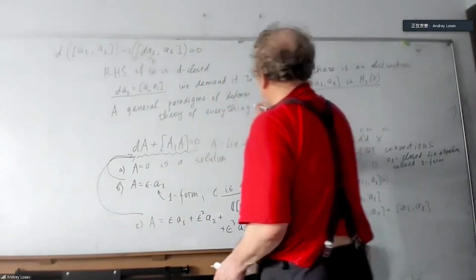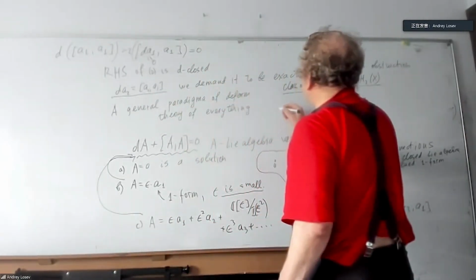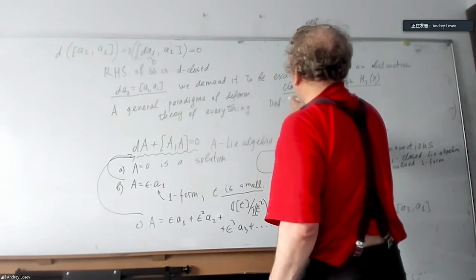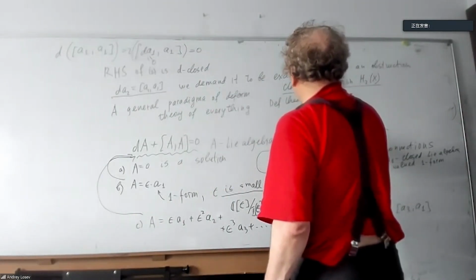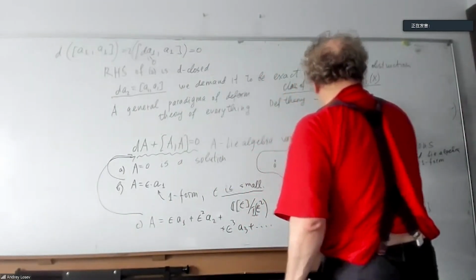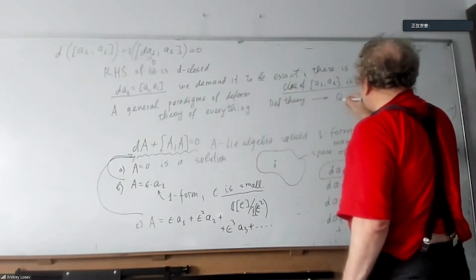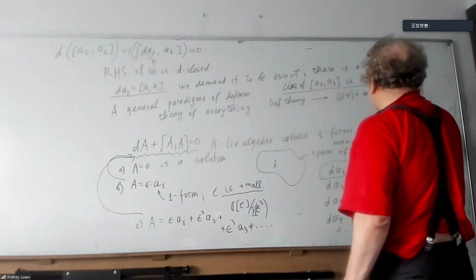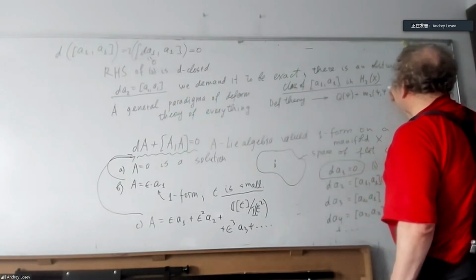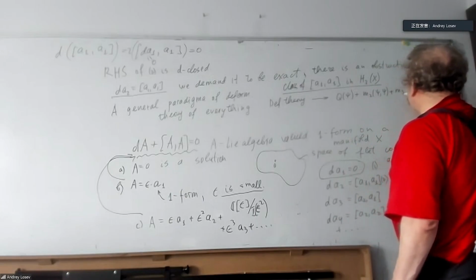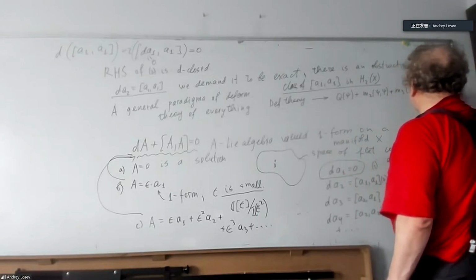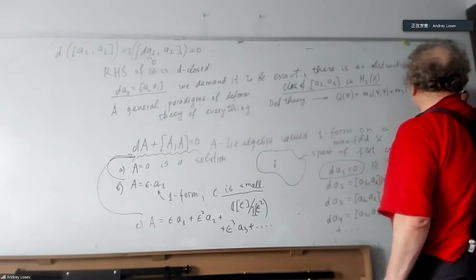It says that deformation theory of something could be of the form Q psi plus M2 psi plus M3 psi plus etc. equals to 0.